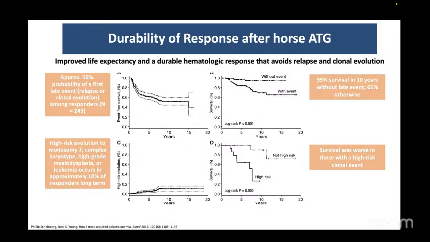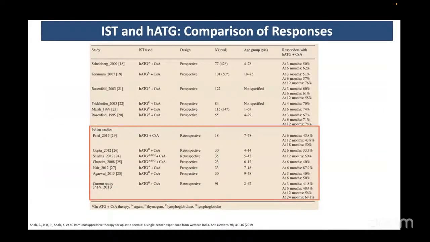We can see it has happened over a 15 to 20 year span, which is acceptable. These are the different studies wherein they have analyzed the effects of horse ATG with cyclosporin, and at 6 months, 12 months, and 18 months, we can see there is successive recovery in some patients.